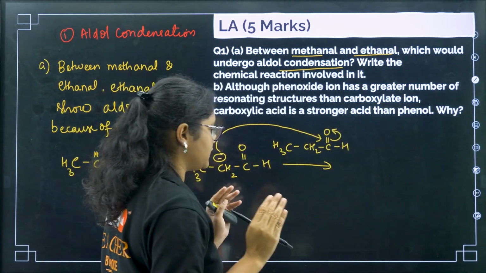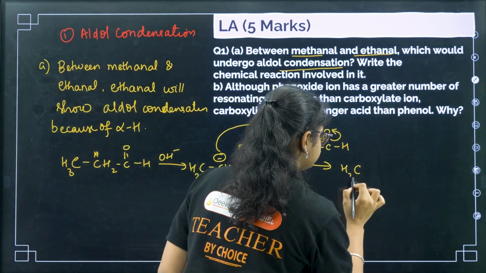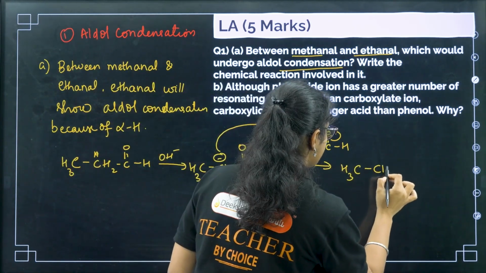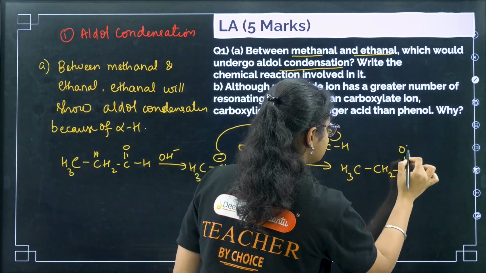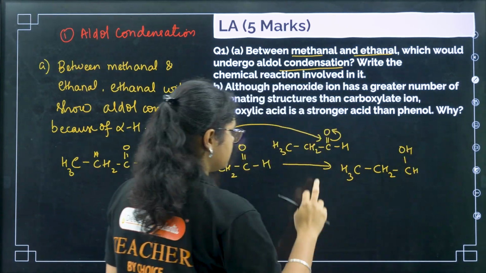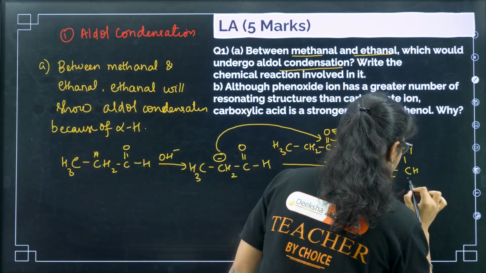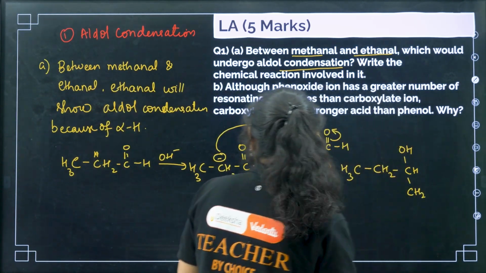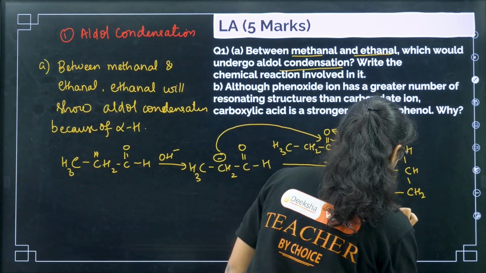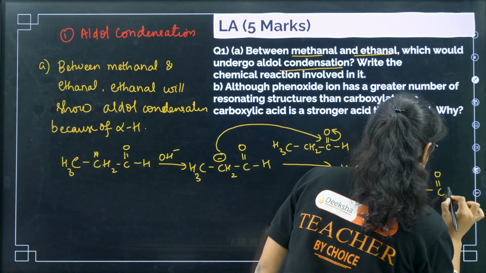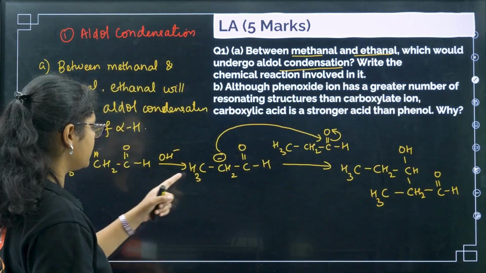So you have to be very, very careful while writing the products. So we have here CH3, then CH2, I have written these two, then I have this C, on that OH is present and then H is present, and this part is attached to this particular carbon. So I will write here CH2 here. Next we have CH3 and then we have CHO. Clear? Done this part.